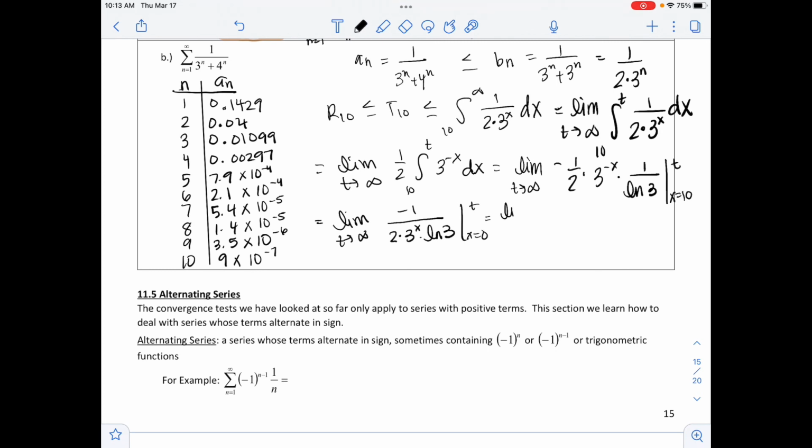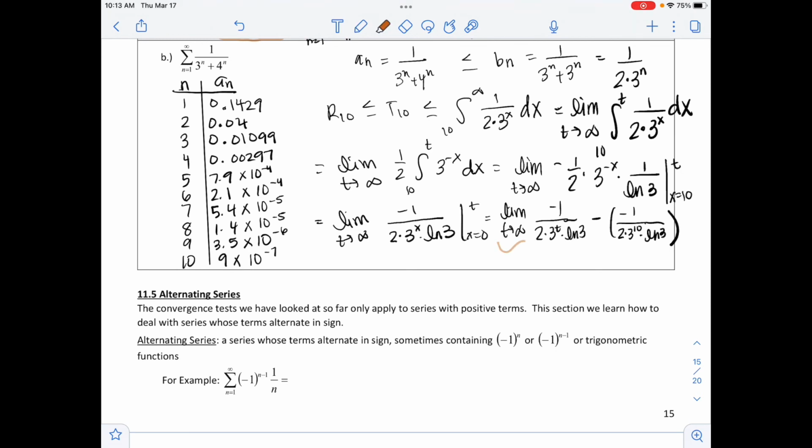And so we now have the limit as t approaches infinity of -1 over 2 times 3 to the t times ln of 3, minus, and then substituting in 10, we have -1 over 2 times 3 to the 10th times ln of 3.